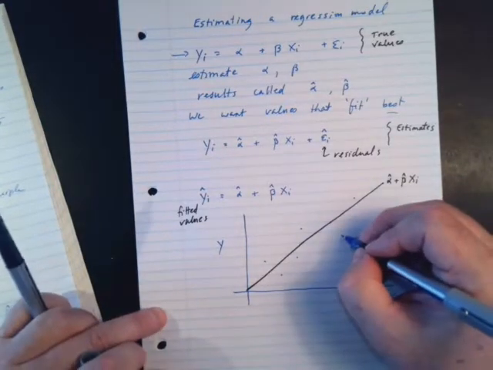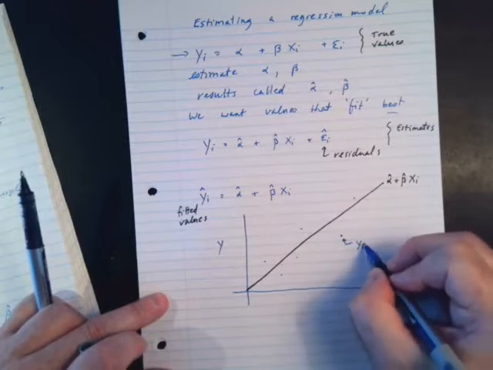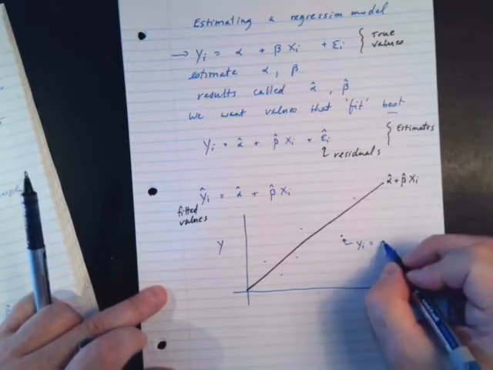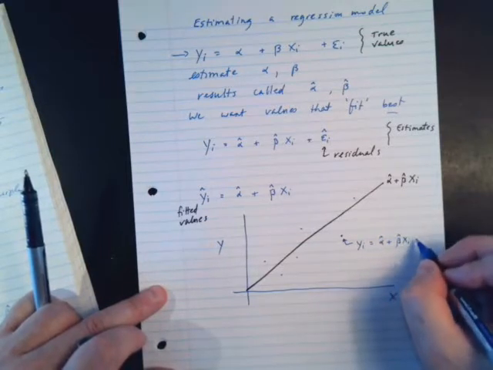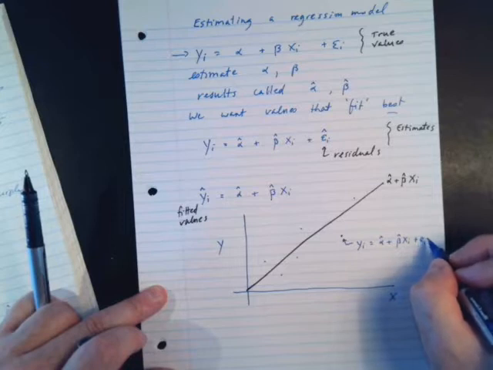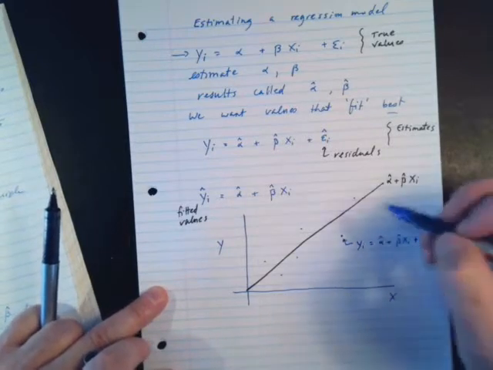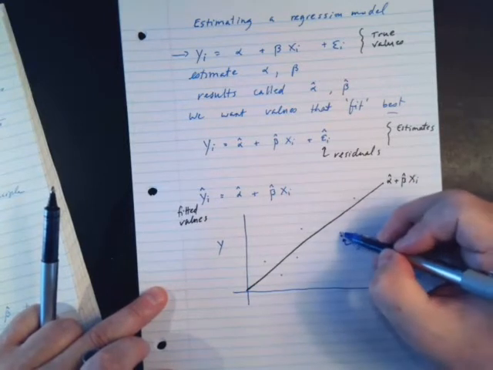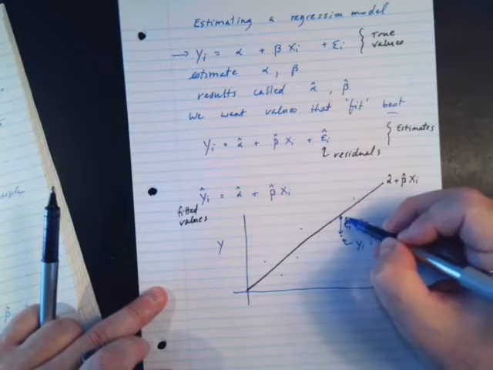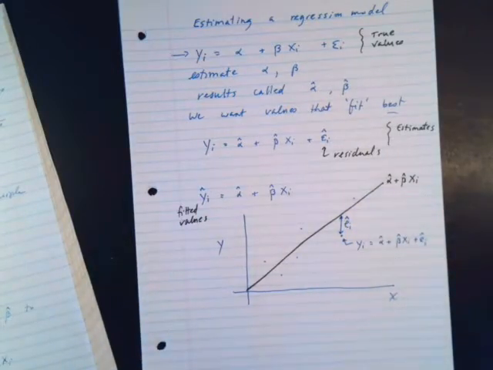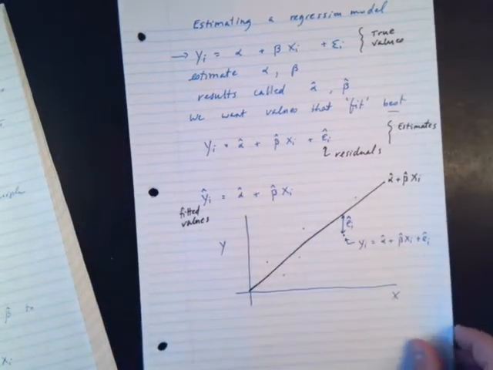And then a point like this will be yi equals alpha hat plus beta hat xi plus, I wrote e rather than epsilon, but it doesn't matter, plus this residual term. And the residual term is this distance. Okay, so we're taking our original data and we're relating it all to that straight line, to that regression model.